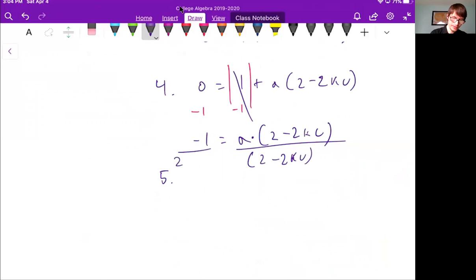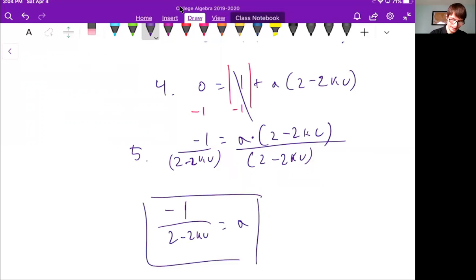I guess I'm doing step 5 early over here. And then that leaves us with negative 1 divided by 2 minus 2ku equals a. Those parentheses aren't next to anything, so I can just get rid of them. And that is our answer.